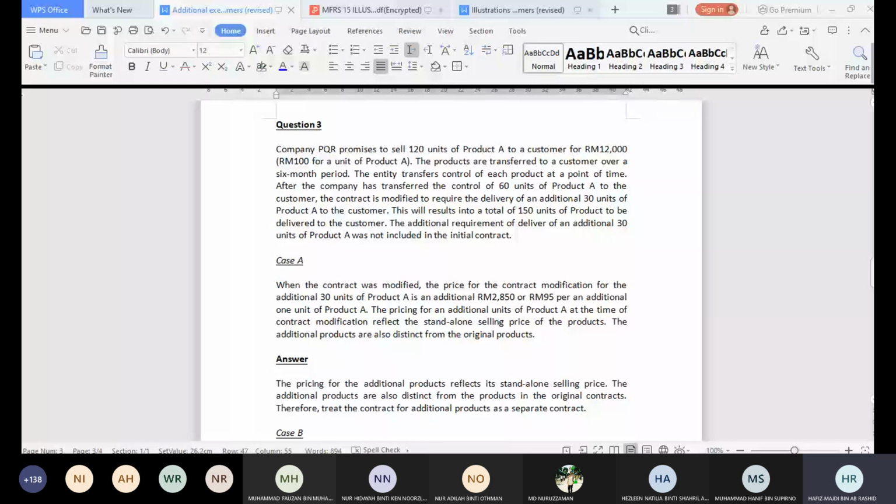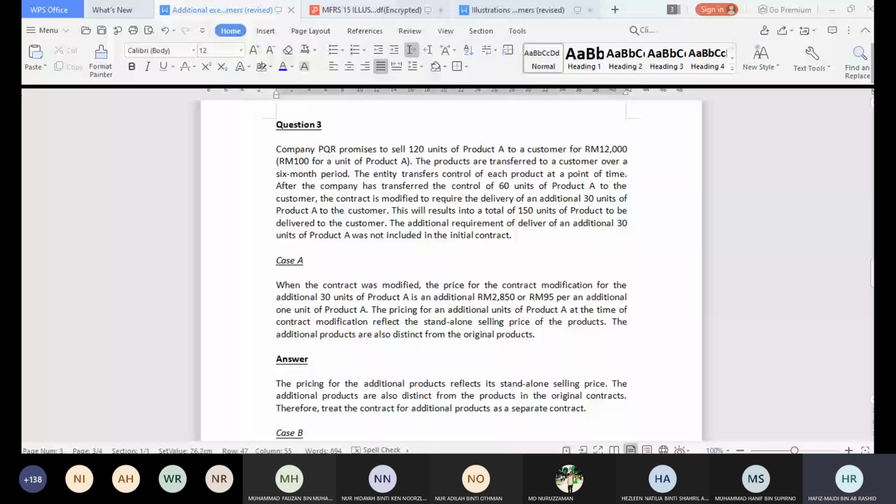So that basically states that whenever the customer receives the product, the control is transferred. That means there is no issue for the customer to start utilizing it, because the control has been transferred to the customer.